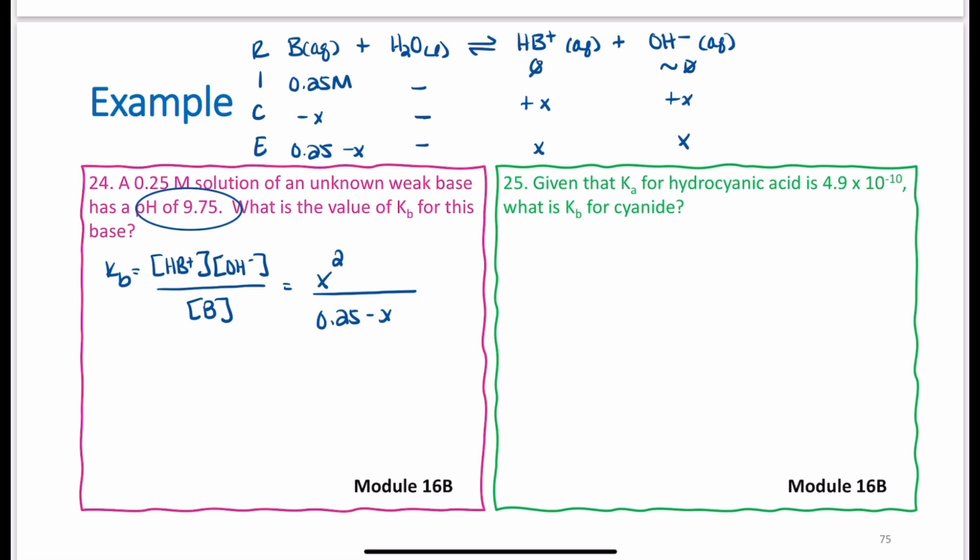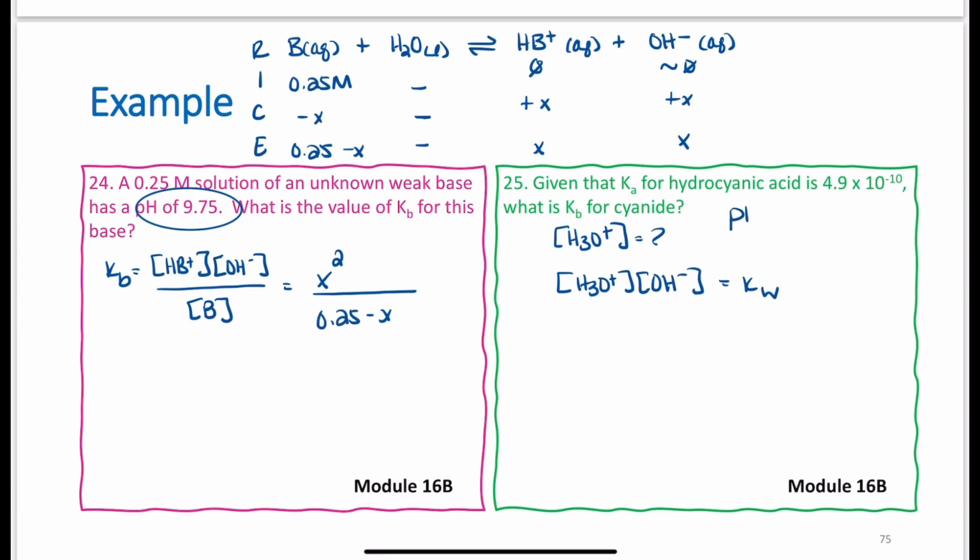But I need the concentration of hydroxide. I can do this one of 2 ways. I can undo the pH and find the hydronium concentration. I then can remember that hydronium times hydroxide equals Kw at 25 degrees C, which we will assume these questions are at unless otherwise stated, and find hydroxide and then plug it in.